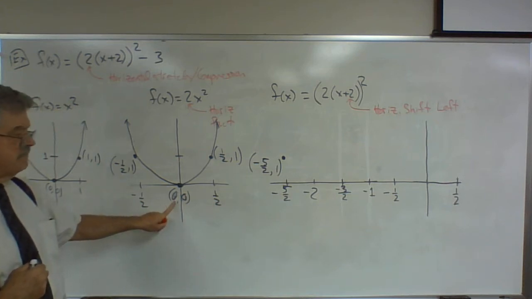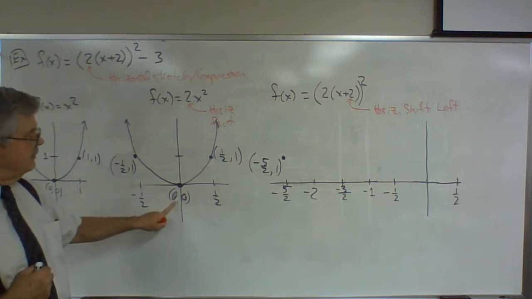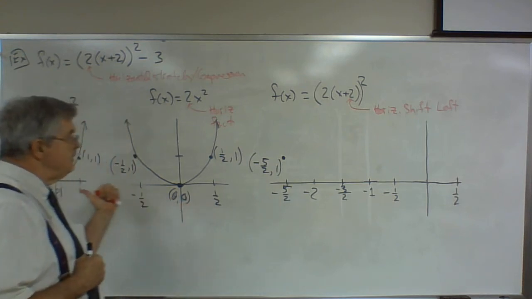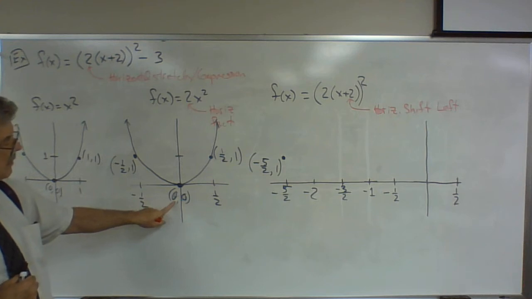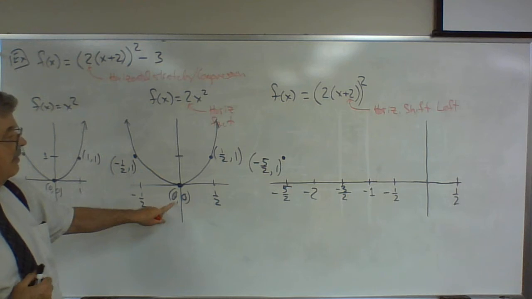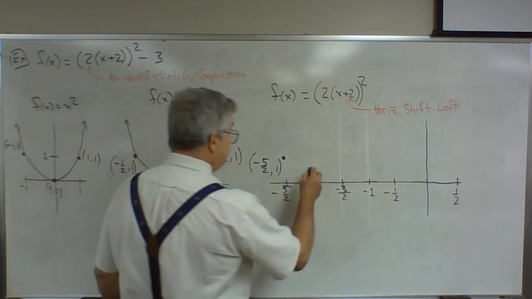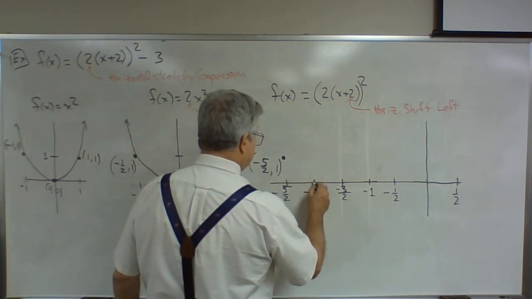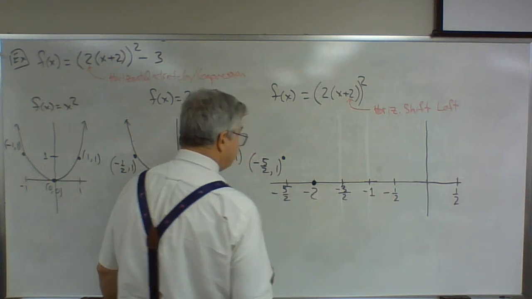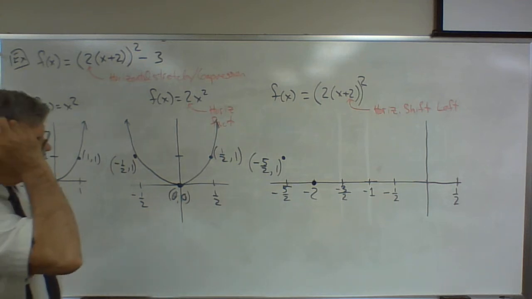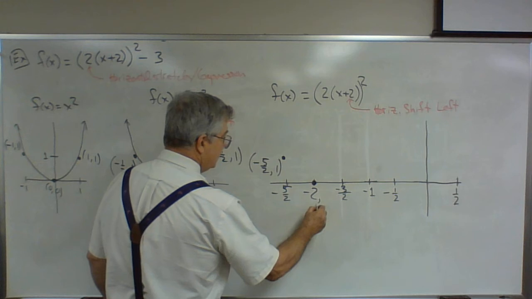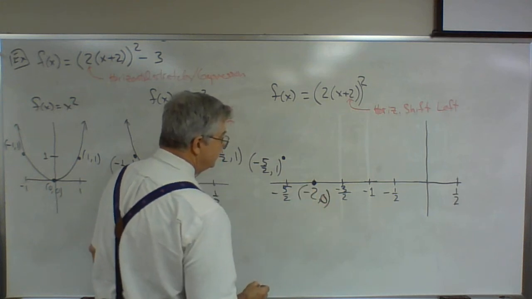Now this point, I have to shift this point 2 units to the left. So that means I take the x coordinate here, which is 0, and I subtract 2 units. That's going to put me right here. -2, 0.